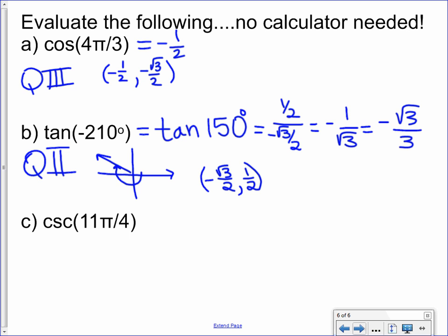Okay. 11 pi over 4. Where's that? Quadrant 4? 11 pi over 4 is the same as what angle? Well, let's talk about an angle between 0 and 2 pi, because this is more than 2 pi, isn't it?